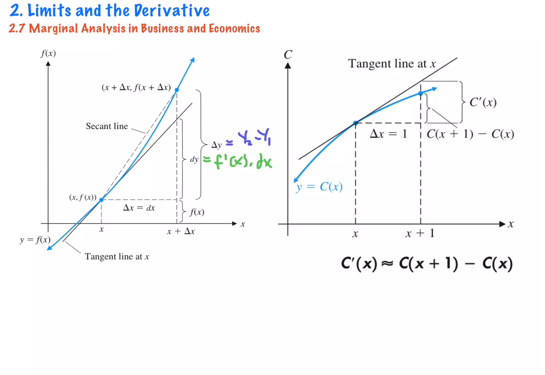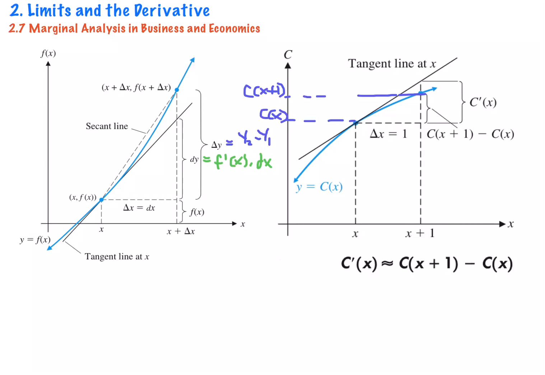Over here we have the graph of the cost function, c of x. When we want to find the increment, delta x is equal to 1. So we have c of x over here, and over here we get c of x plus 1.